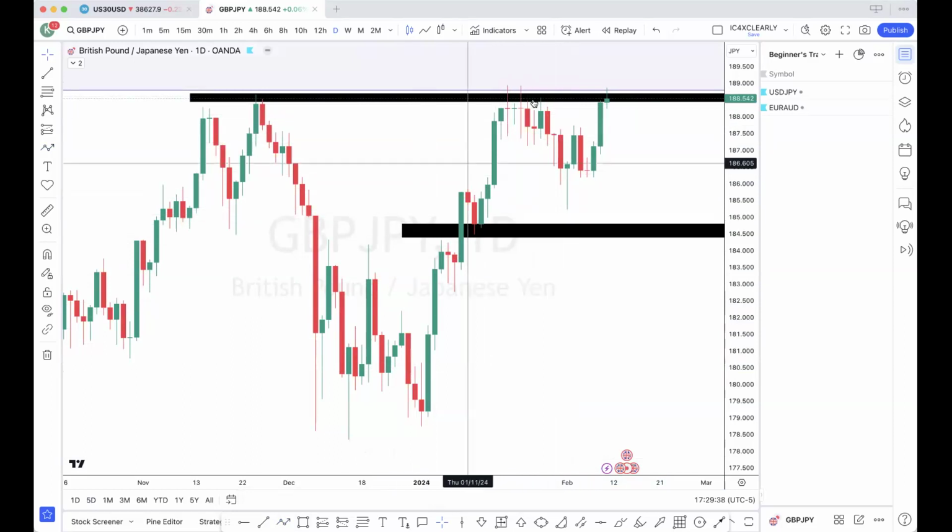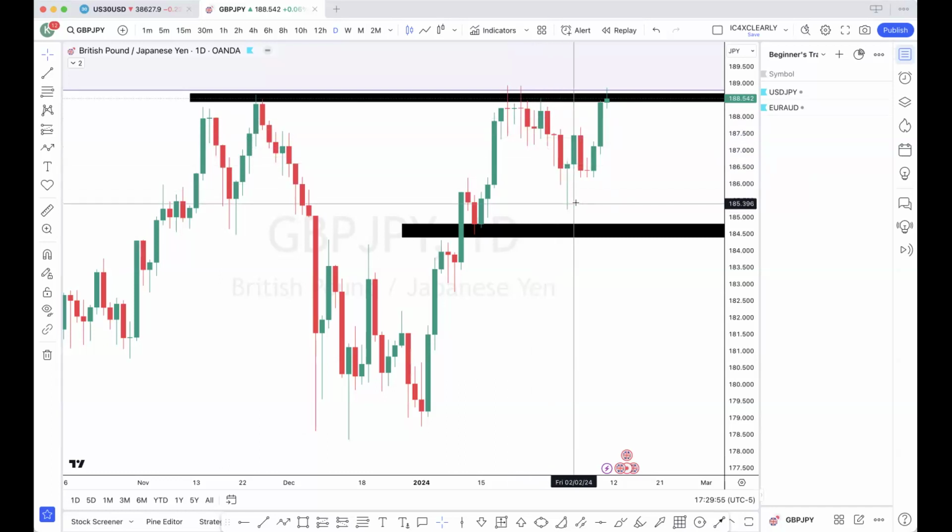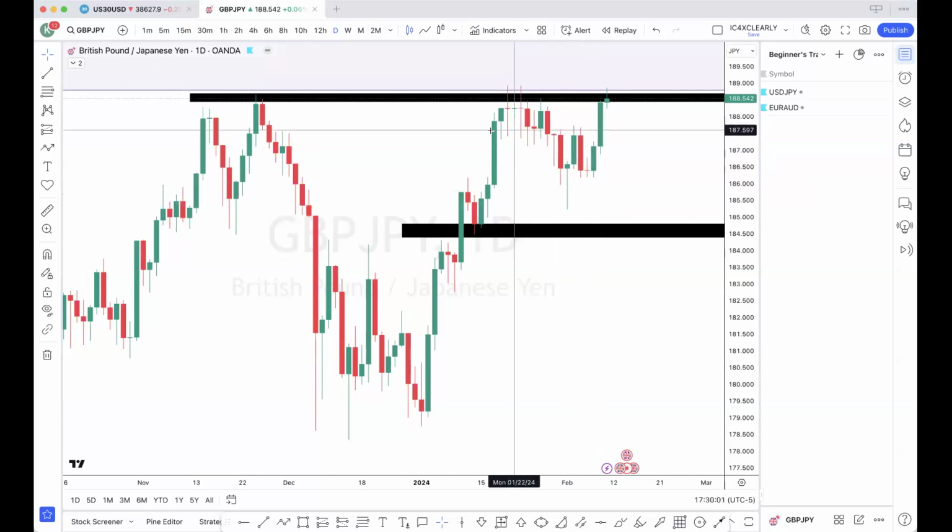And this is GJ, but same thing, same difference, right? I'm not trying to trade all of this backwards. Let's see, it took 1, 2, 3, 4, 5, 6, 7, 8, 9, 10 days before it pushed down, as opposed to 1, 2, 3, 4, 5, 6 days to shoot up, to go bullish.